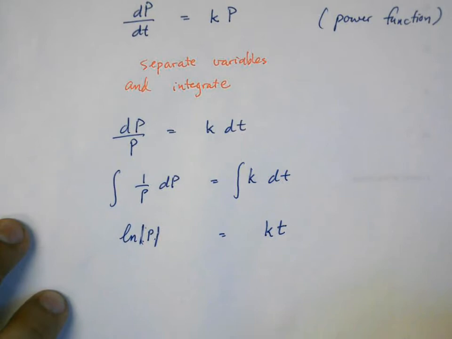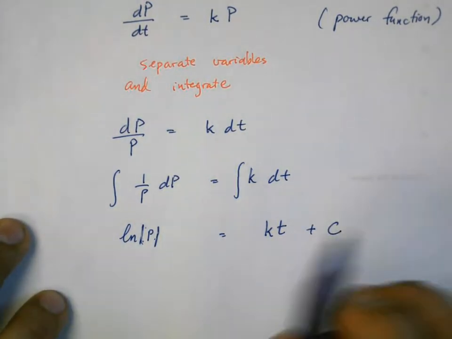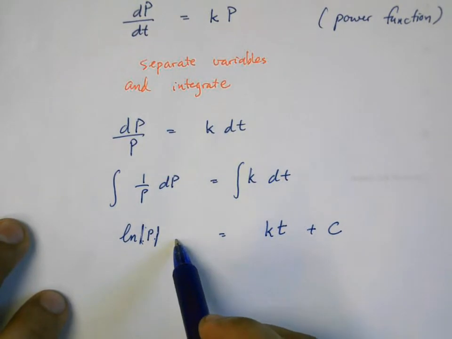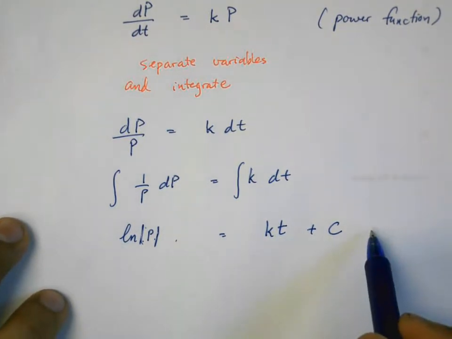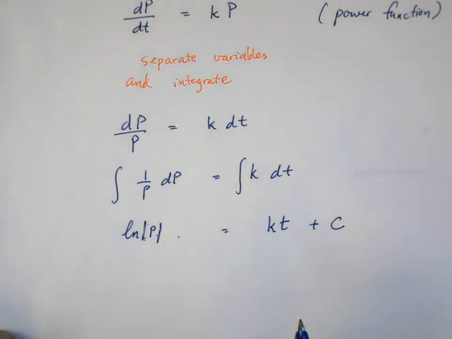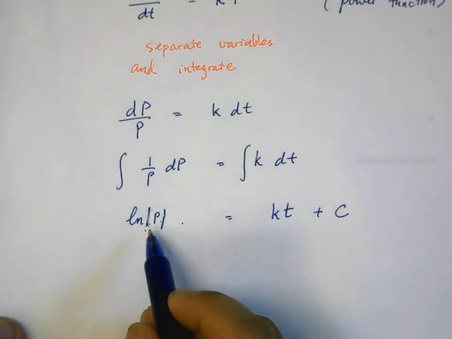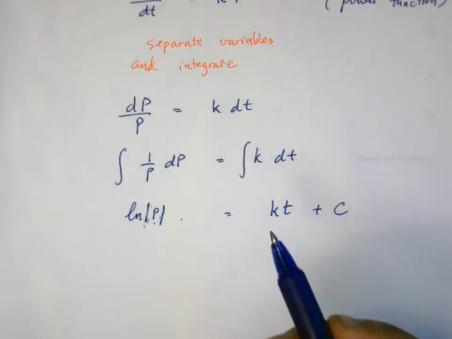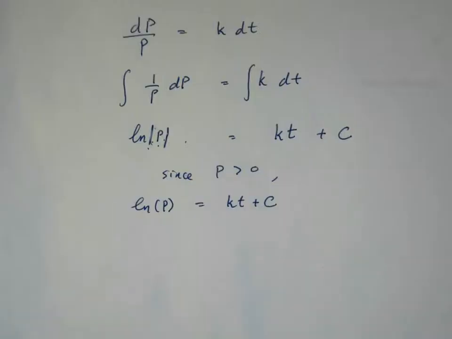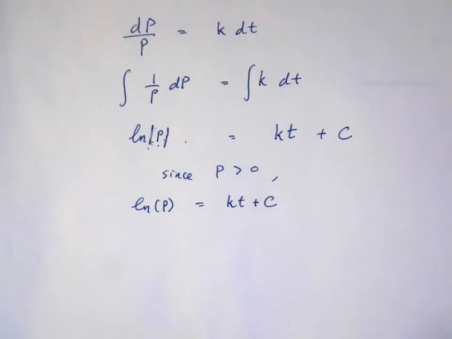The natural log of the absolute value of P plus a constant. And remember, there's a constant over here too, but we can just move it to the other side because a constant plus a constant is still another constant. We can remove this absolute value symbol because the population is always positive. So we don't need to worry about negative population. That doesn't make much sense anyways.